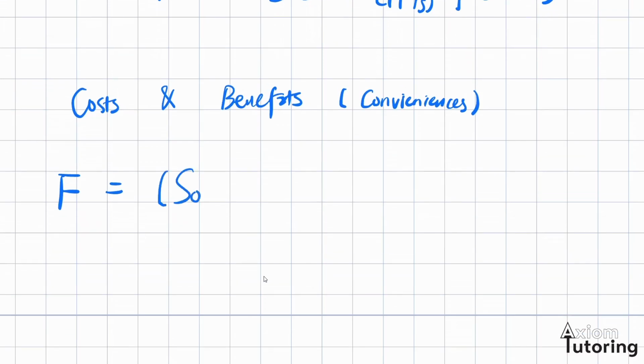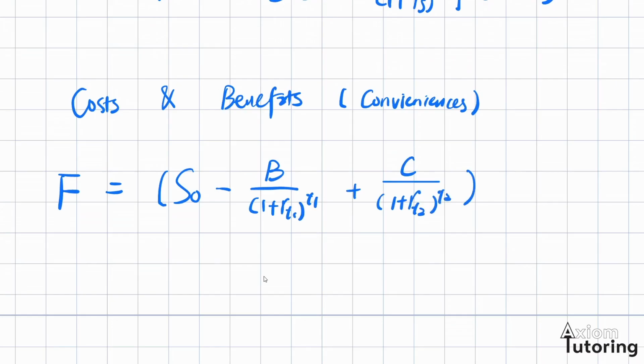So that's going to be S0 minus any benefits, let's call it B over here, at some point of time, let's call it T1, to the power of T1, and plus the costs at some other point, let's call it T2, and then all together (1 + R)^T. Okay, so this is the final formula or the calculation method for any cost and benefit bearing underlying asset and its forward contract.